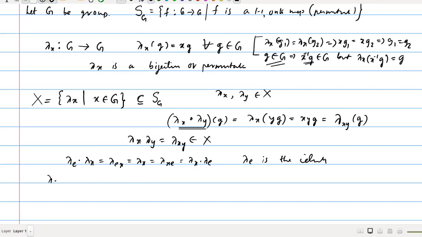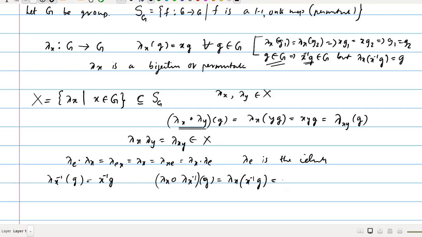And now, what is λ_x inverse of g? By definition, this is x inverse g. Our claim is to prove that λ_(x⁻¹) equals (λ_x)⁻¹. So (λ_x)⁻¹ means that when you compose λ_x and λ_(x⁻¹), λ_x composed with λ_(x⁻¹) of g will give λ_x of x⁻¹g.